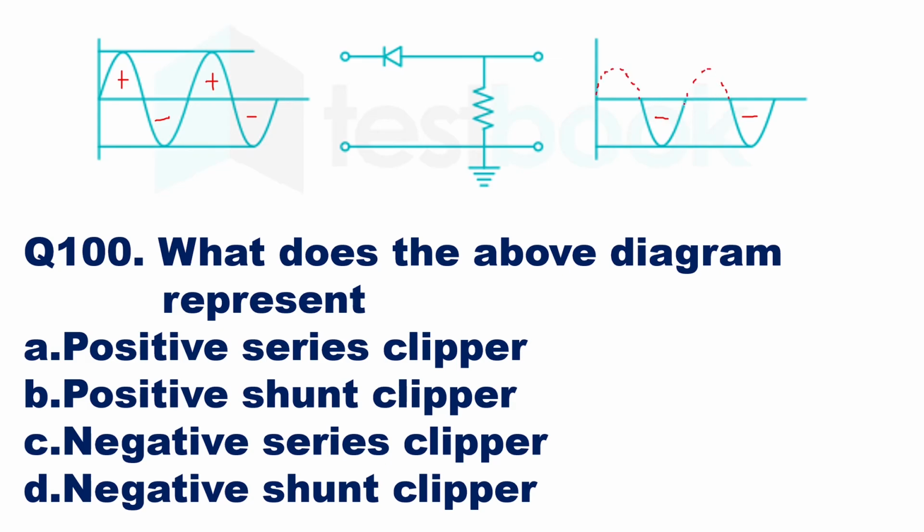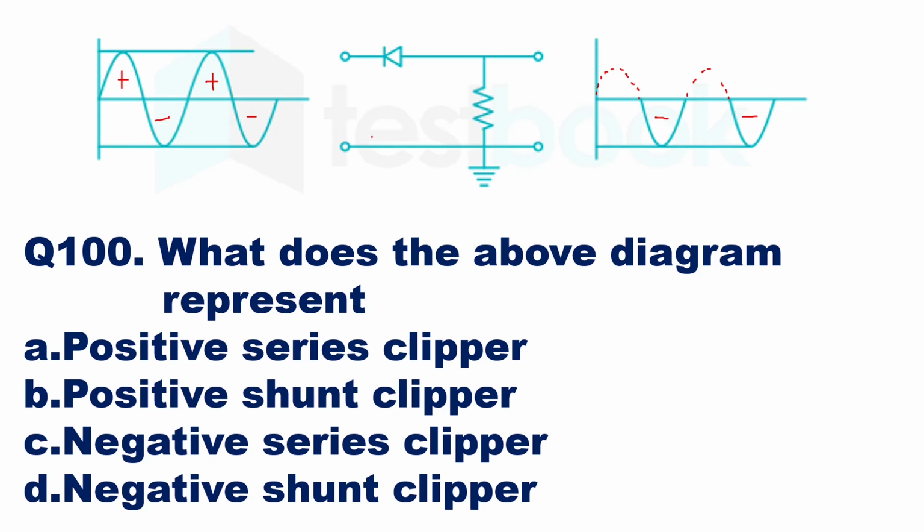The options are positive series clipper, positive shunt clipper, negative series clipper, and negative shunt clipper. Because the positive cycles are clipped, options C and D will be eliminated, and what remains will be positive series clipper and positive shunt clipper.